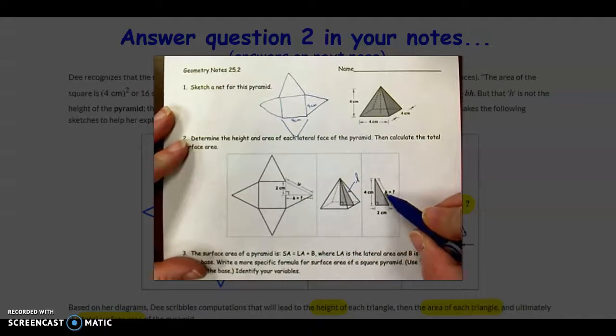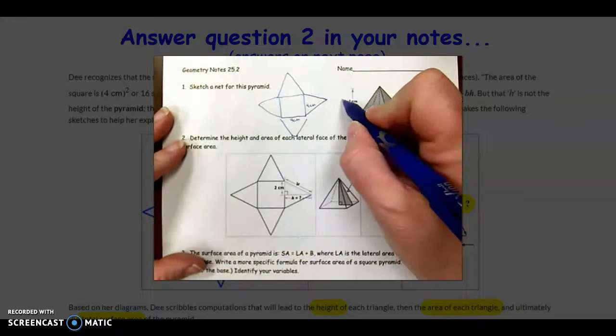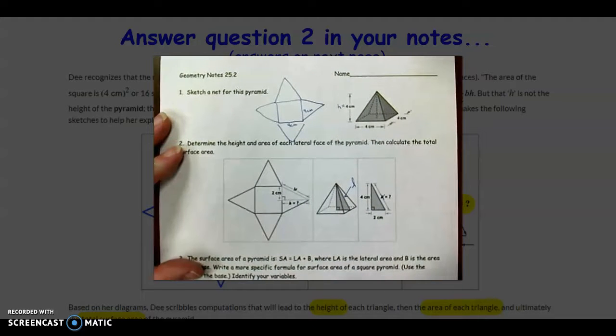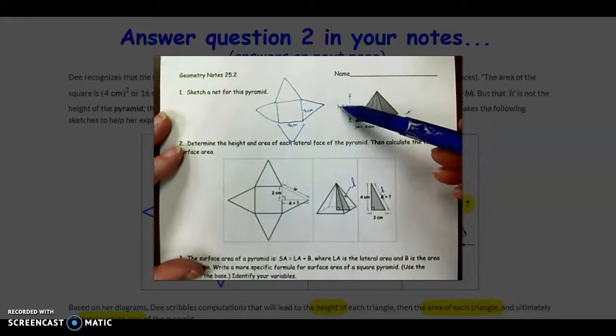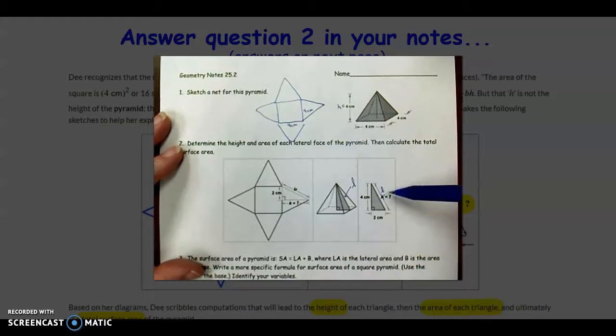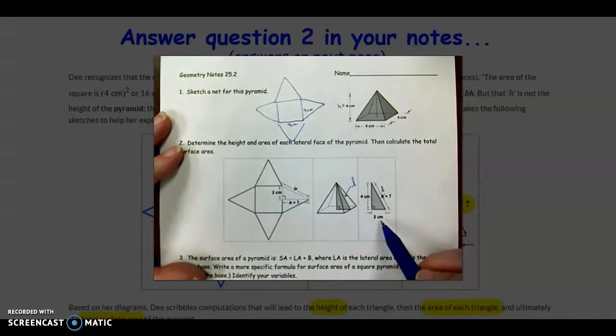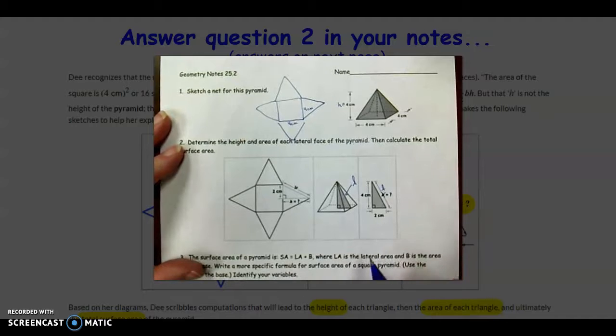So instead of an H here, you'll get confused between the height of the pyramid, which is 4, and this height of the triangle, which is the slant height. So we use different letters for that: H for the height of the pyramid, L for the slant height of the pyramid, and that's the height of your triangle. So using the Pythagorean theorem here, this is not a Pythagorean triple.